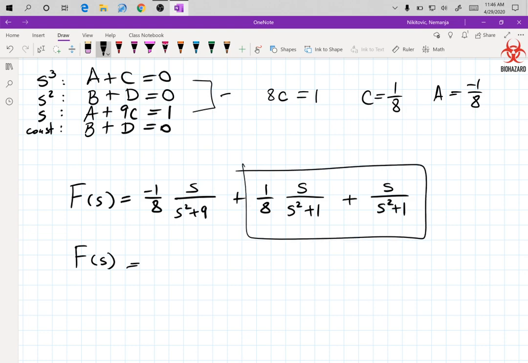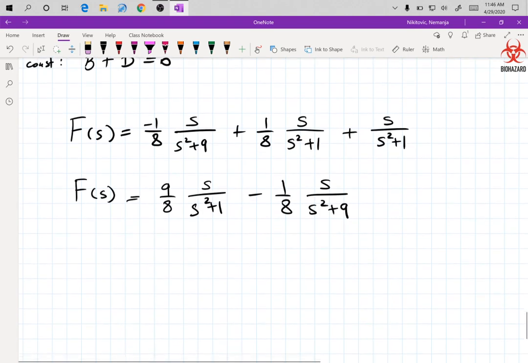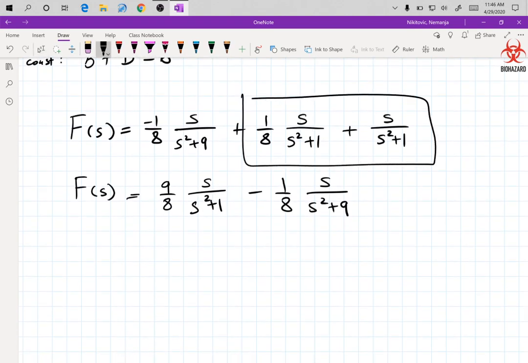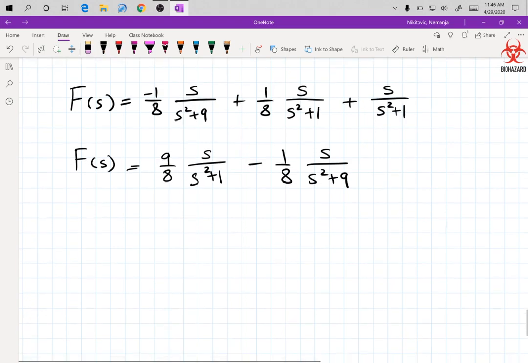Notice that these are the same. So that's going to be 9/8 s over s squared plus 1, and then minus 1 over 8 s over s squared plus 9. I wrote this first when I added, and then put the second one second because of the negative 1 over 8, so it's nicer.